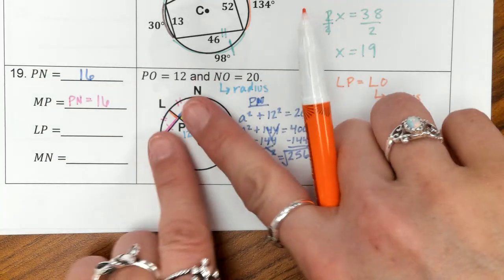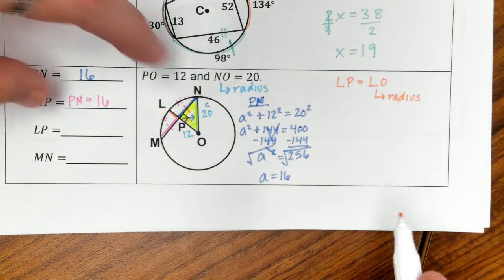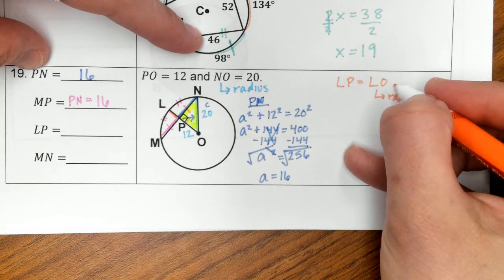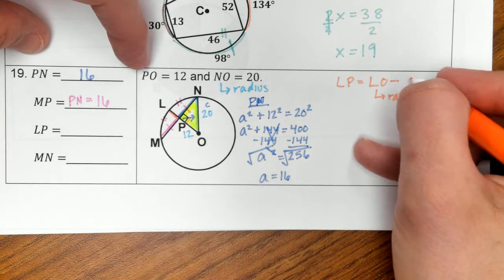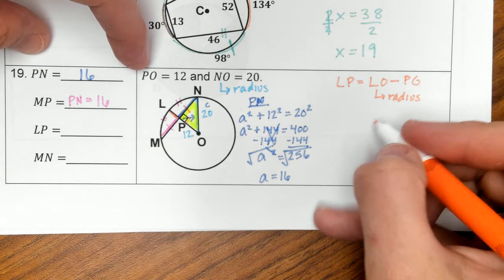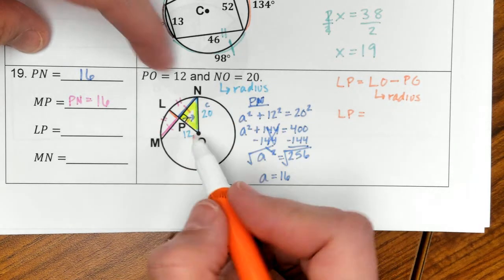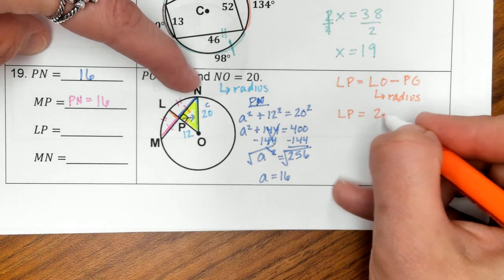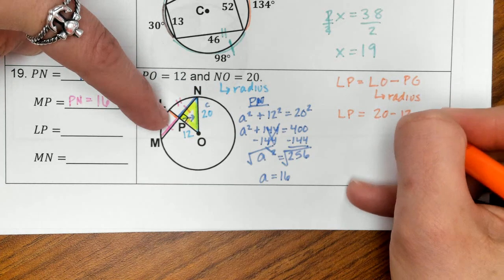Take a look, LO goes from our center to our circumference. It's another radius. And we're going to subtract the PO that we have right here, that they gave us. So all we have is LP is equal to LO, which we know is the radius of 20. We're going to subtract the 12 that they gave us to give us 8.